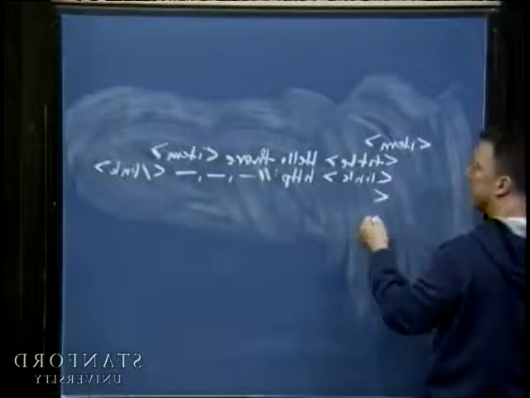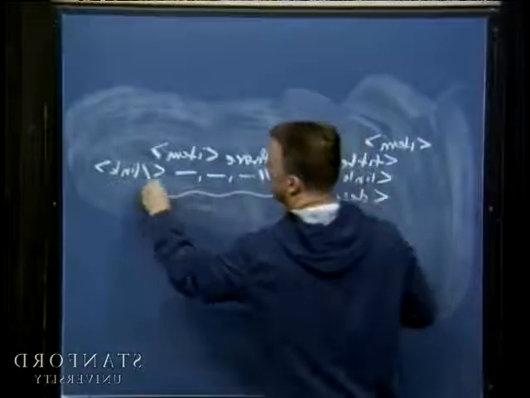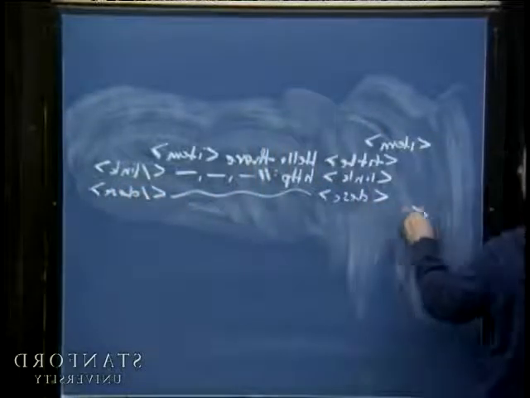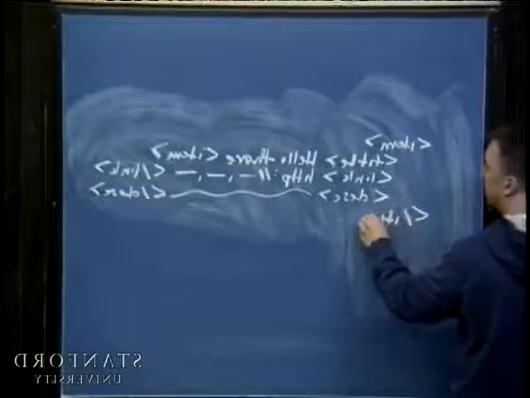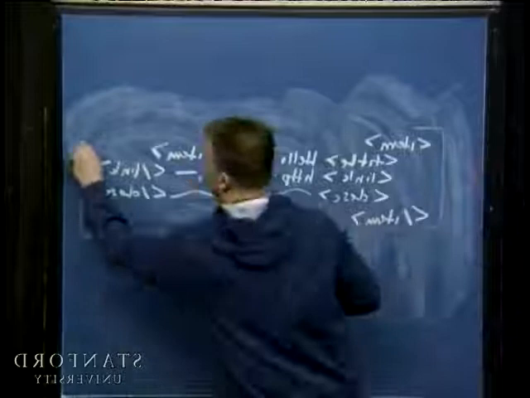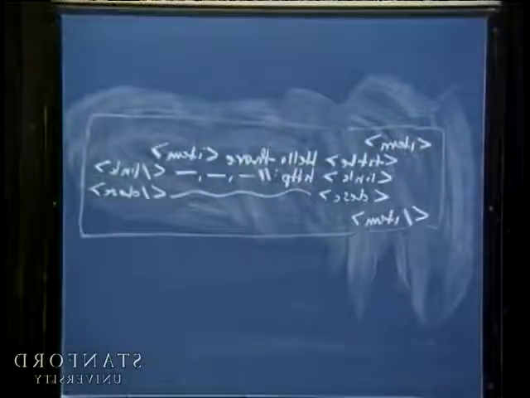And then there was a description tag, I'll abbreviate it that way. And then there's the end of the item. That's a subtree of the overall XML tree that is of interest to me for this current example.